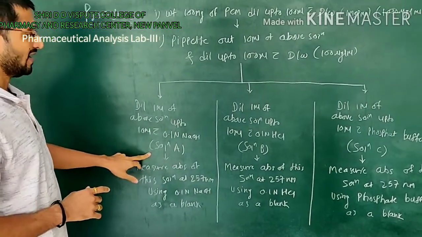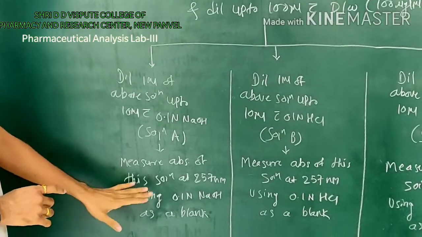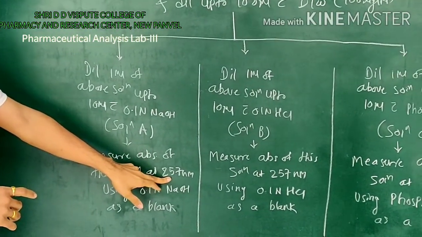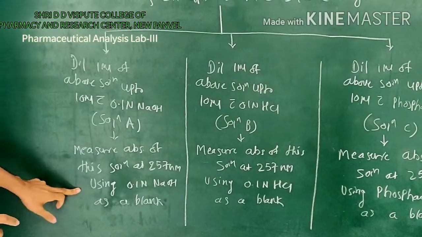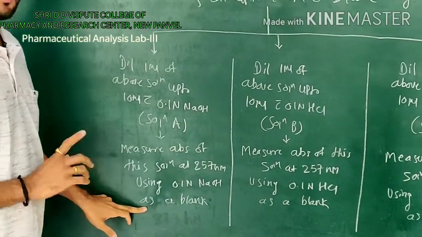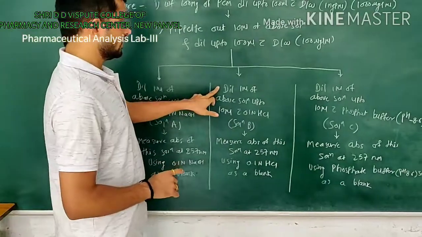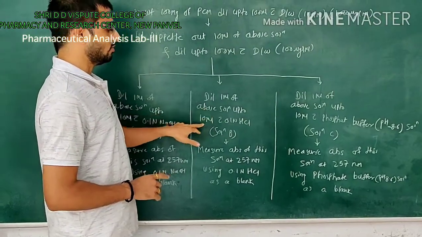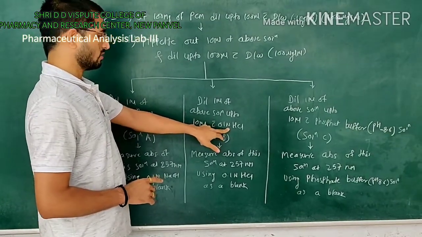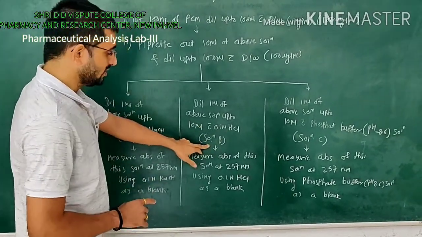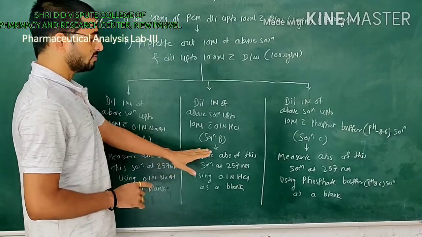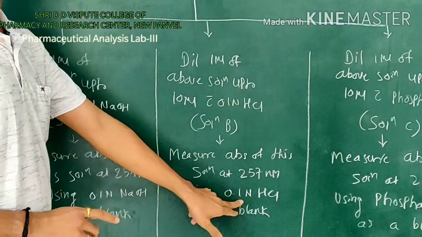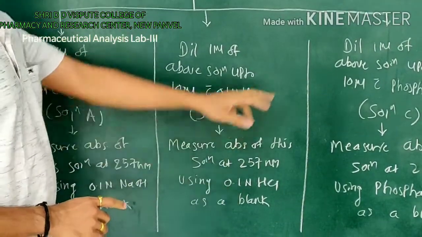Label the solution as A. Measure the absorbance of this solution at 257 nanometer, the lambda max of paracetamol, using 0.1 normal NaOH as the blank. Next, take 1 ml of the stock solution, dilute up to 10 ml with 0.1 normal HCl. Label the solution as B and measure the absorbance again at 257 nanometer, taking 0.1 normal HCl as the blank.